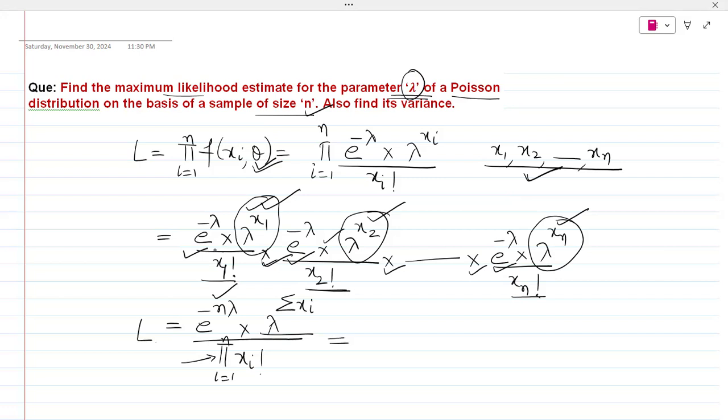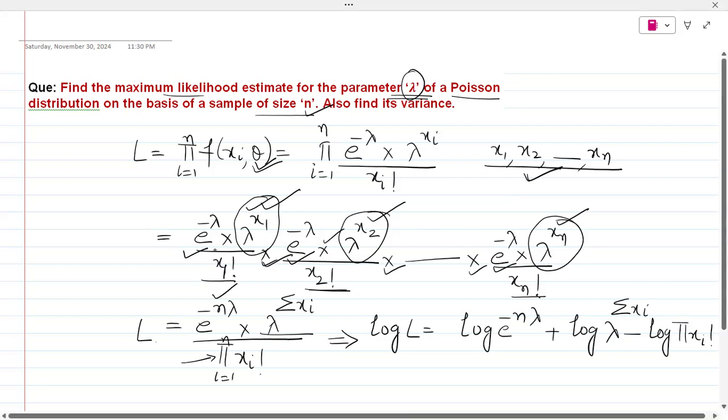So this is L. Now the log of L will be log of e to the power minus n lambda, then summation xi log lambda, and minus log of the product of xi factorial.